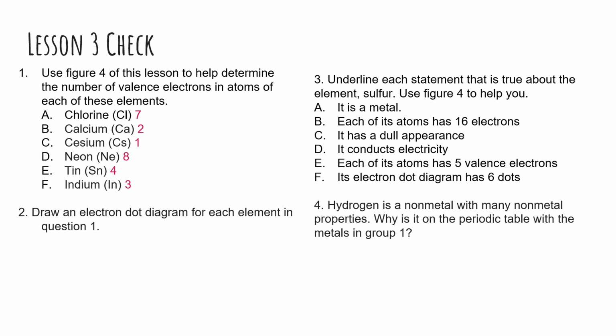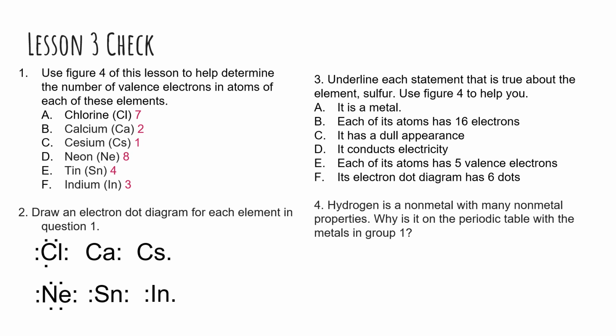Next, we'll draw an electron dot diagram for each element in question 1. And chlorine needs to have 7 around it, calcium with 2, cesium with 1, neon with 8, tin with 4, and indium with 3.